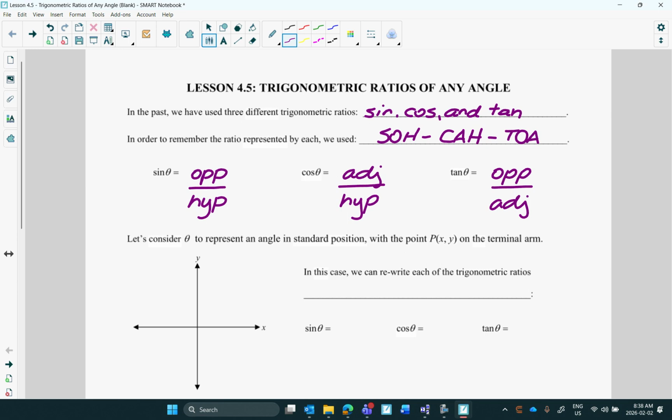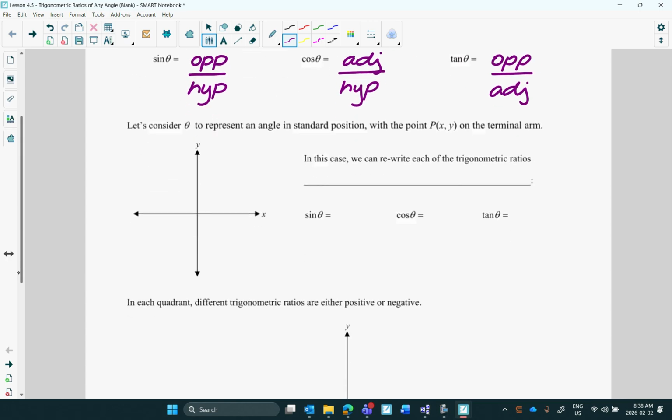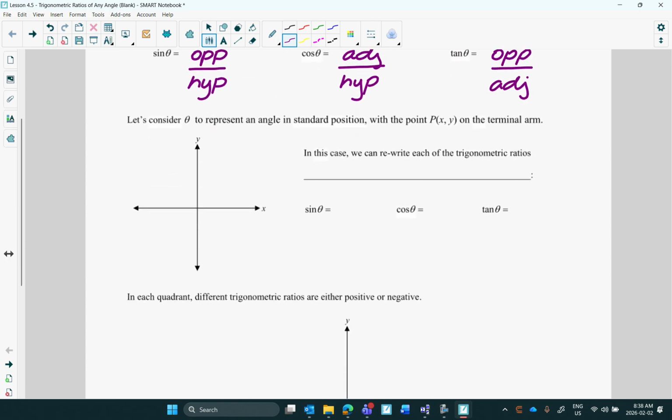So we created angles using a coordinate grid. Now we're going to start creating triangles, because then we can do the trig. So we'll start in quadrant 1.